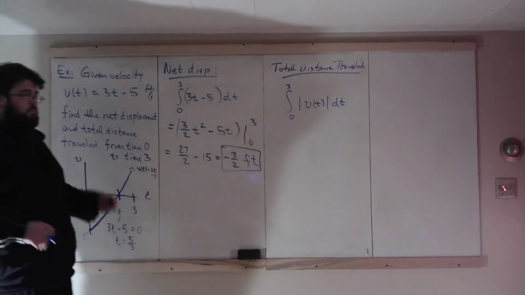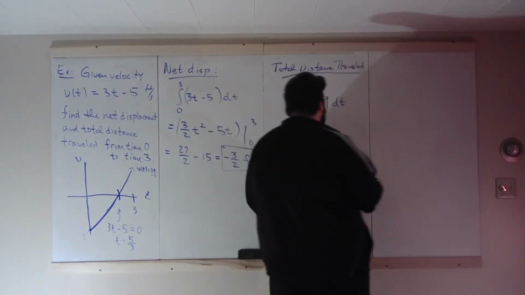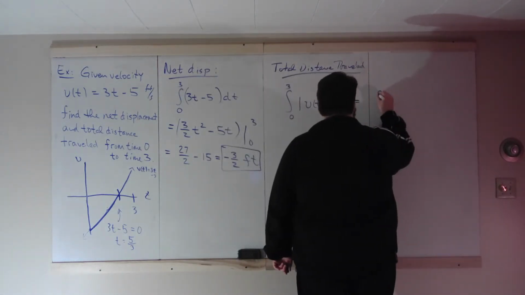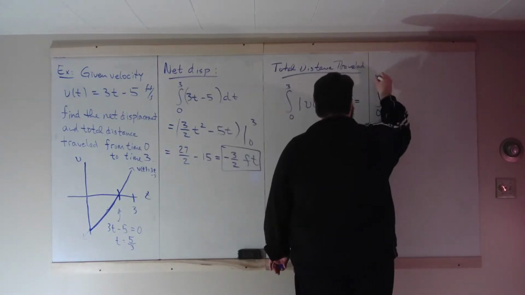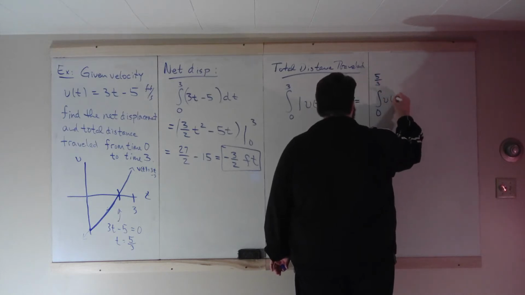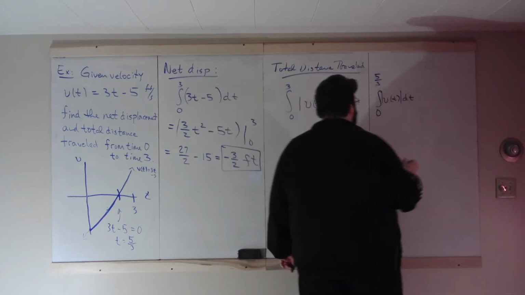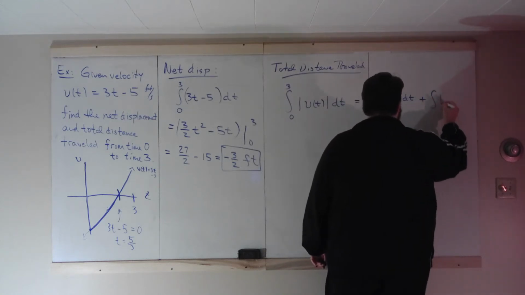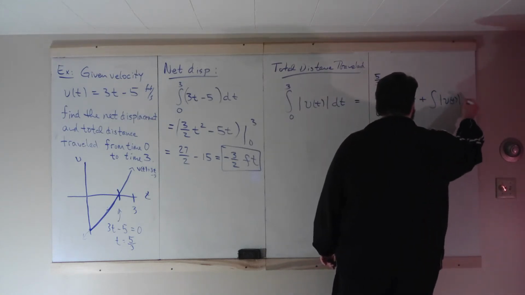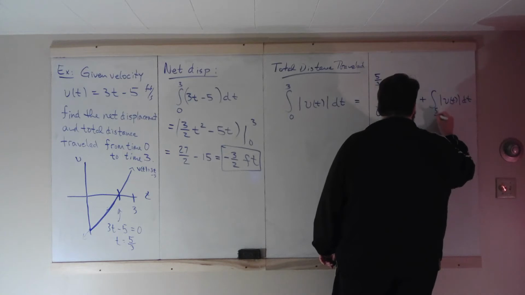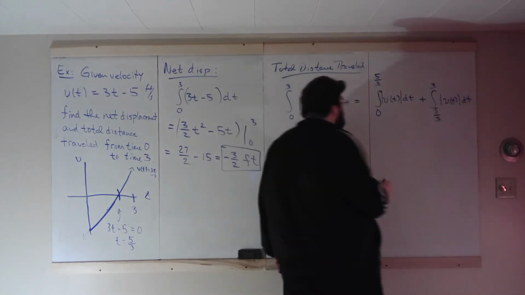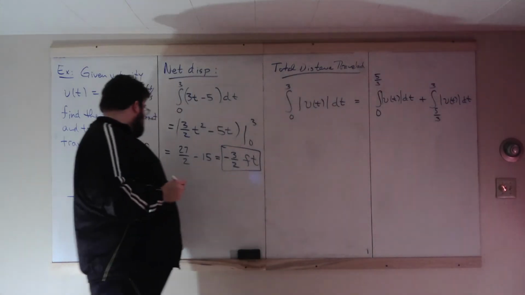So that tells us part of what we want to know. That tells us that this integral splits at 5/3. We haven't taken the absolute value yet, so we leave the absolute value on until we take it. But we do know it splits at 5/3, because that's where it goes through the x-axis.